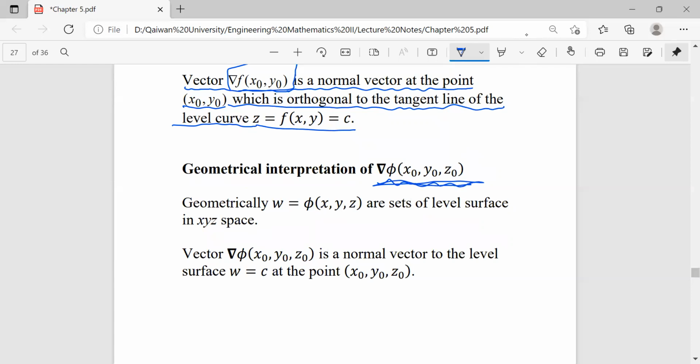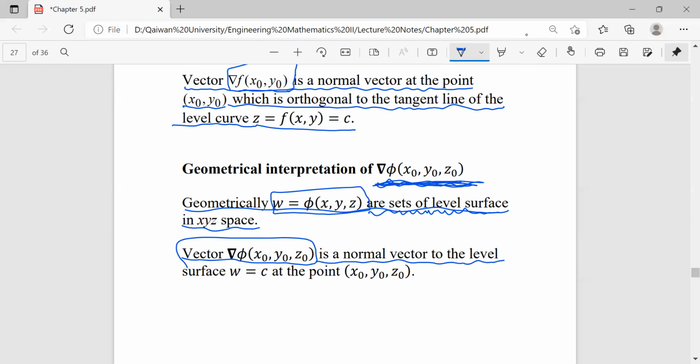That means in R3, the gradient of a scalar field, here w equals phi of x, y, z, is a set of level surfaces in x, y, z space. But this vector is a normal vector to the level surface w equals c. At this point, it's the normal vector at the level surface.